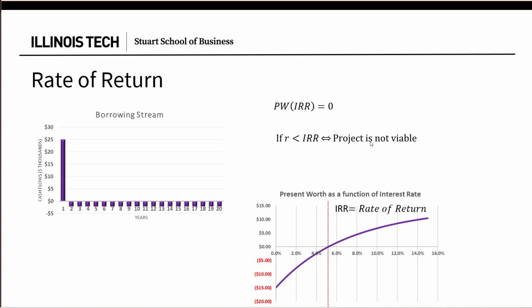The reason for this is that when the discount rate is very low, or lower than the IRR, it means that the future cash flows are not discounted sufficiently to make the loan worthwhile. But if R, our discount rate, is higher than the rate of return, then we're discounting these cash flows sufficiently to make the net present value of the loan positive.